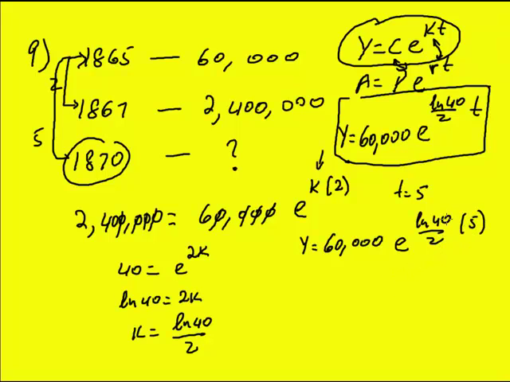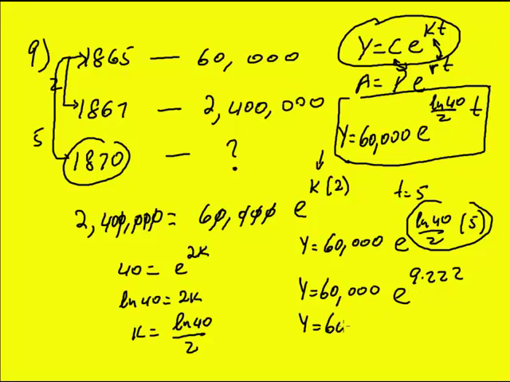Once we calculate this, that turns into y is equal to 60,000 e^9.222, and when we raise e to the 9.222, that turns into 60,000 times 10117.279. And then when we multiply that out, my y turns into 607,036,719.9.